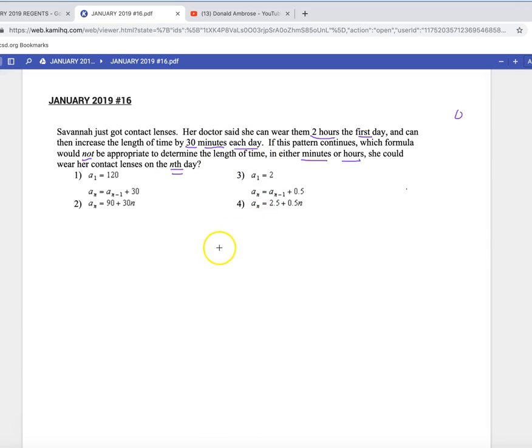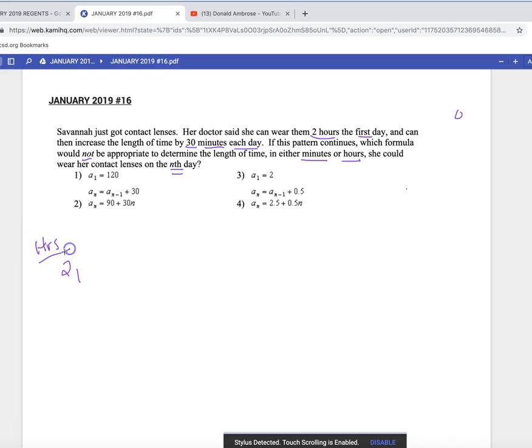I think the first thing to help us out here is to determine what the sequence of terms would be in hours, and then go from there. So first day, Savannah can wear the contact lenses for 2 hours.